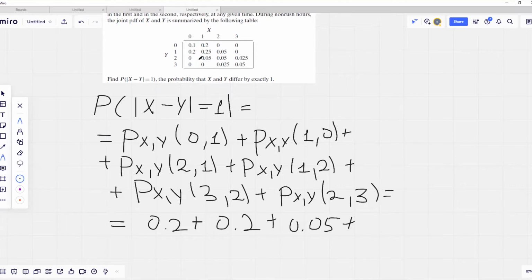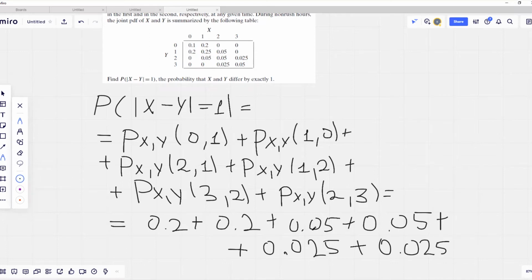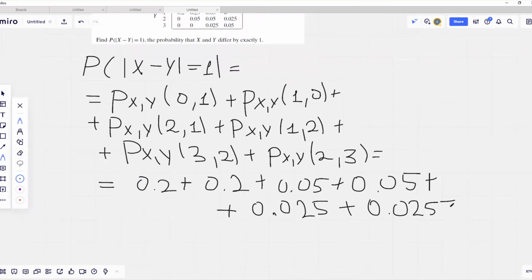The same for 2 customers in the second and 1 customer in the first, and plus the probability that we have 3 customers in the first, 2 customers in the second is 0.025, plus 0.025. All right, so this sum gives us 0.55. So there is a 55% chance that the number of customers in those 2 lines is going to differ by 1.